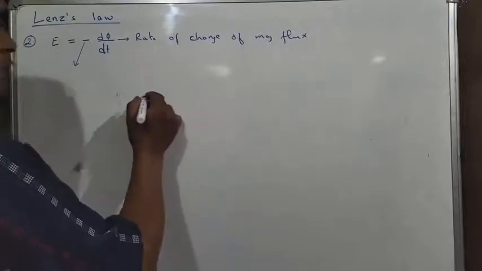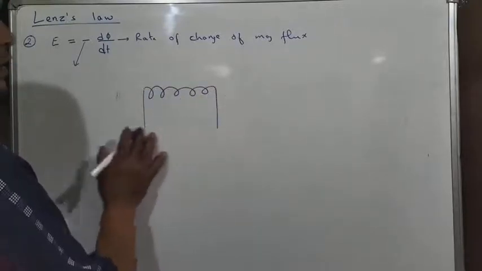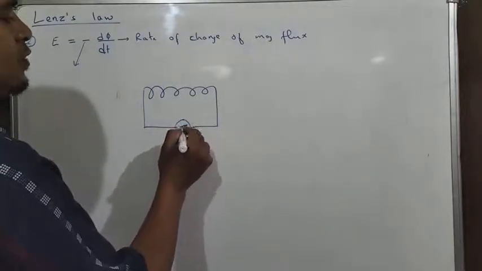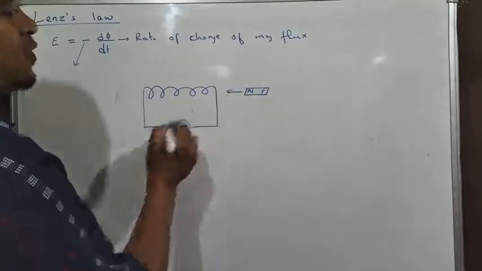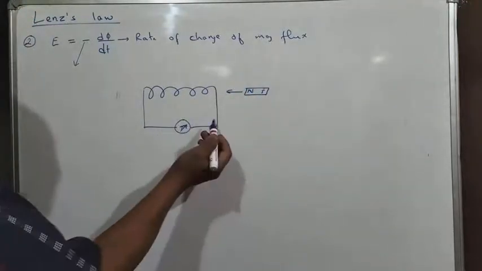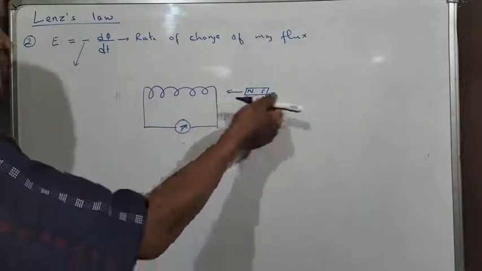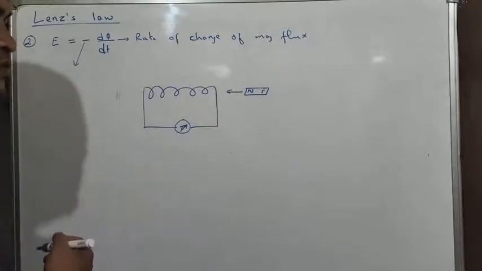Suppose this is a coil, and if I move this magnet with its north pole towards the coil, then a current will pass through the coil due to the moving magnet. In which direction is the current passing?